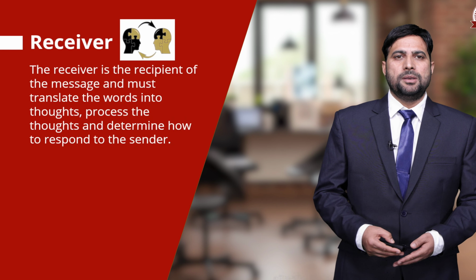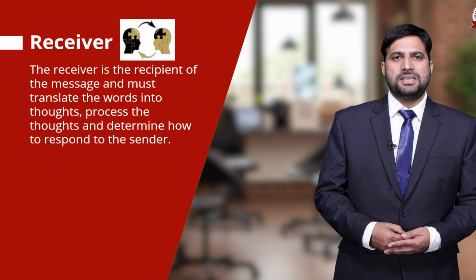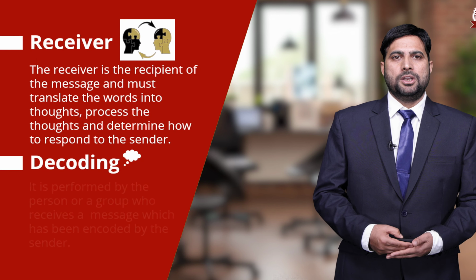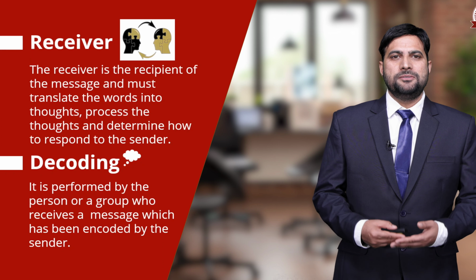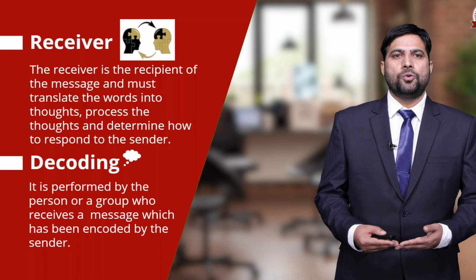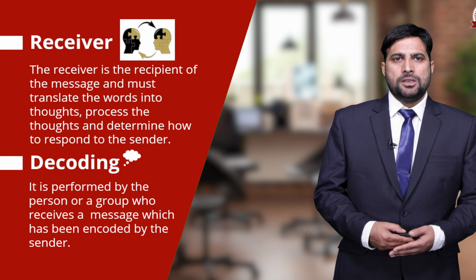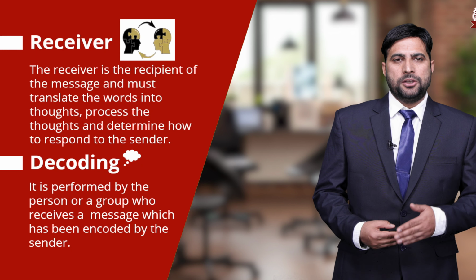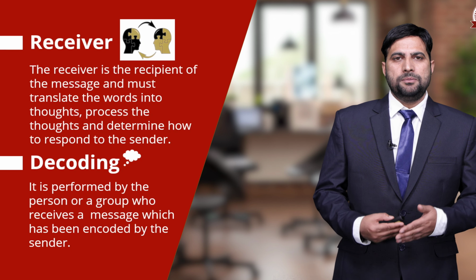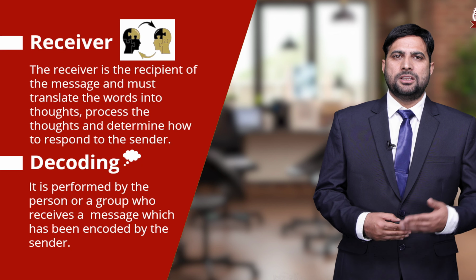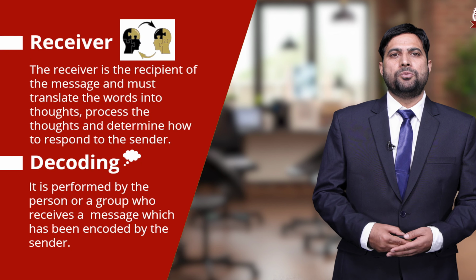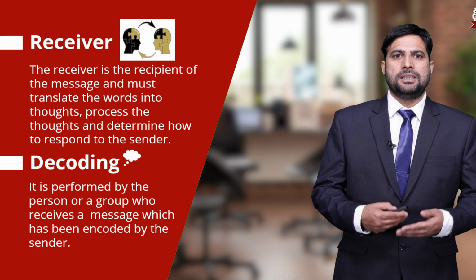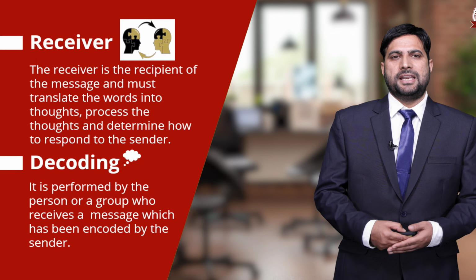So he should be able to decode the message which is in encoded form. Decoding is performed by the person or the group who receives a message which has been encoded by the sender. The antonym of encoding is decoding. If the information is hidden in the codes, the receiver's job is to get that information back in the same way as the sender wants, he should understand.